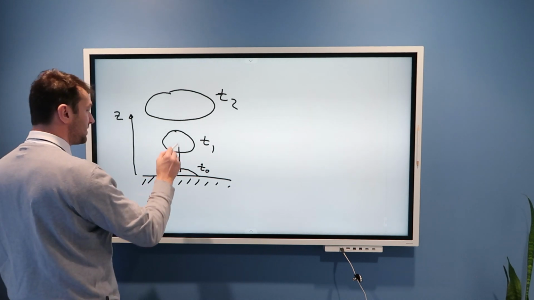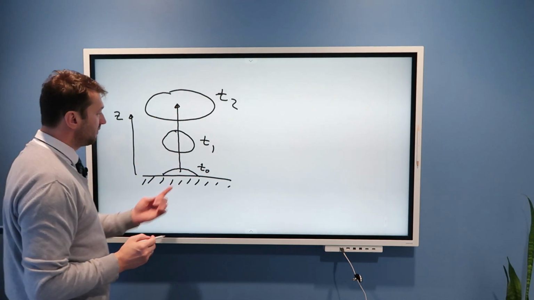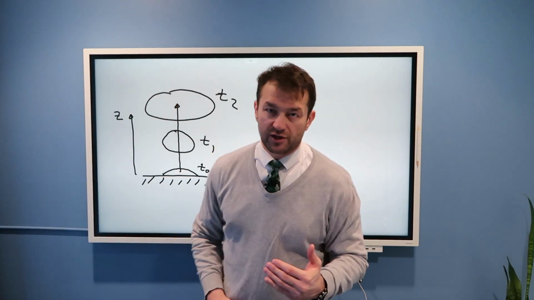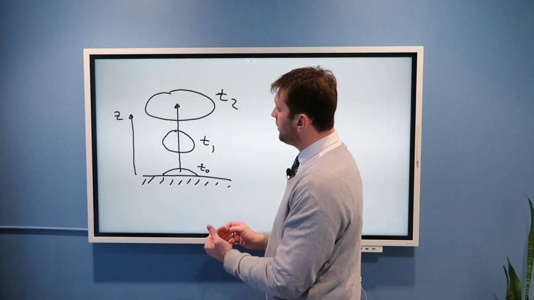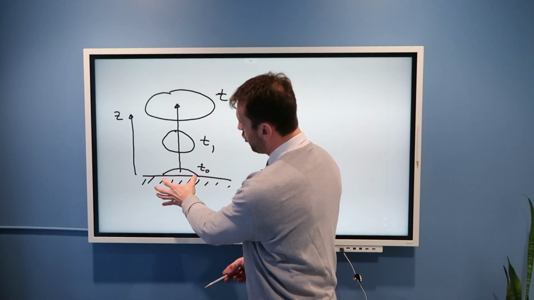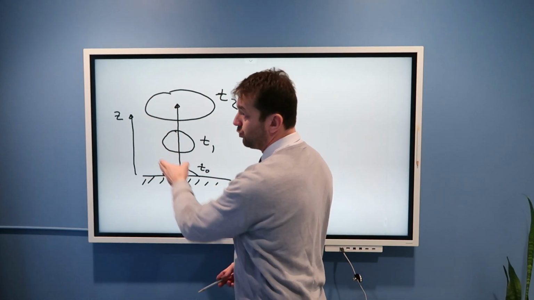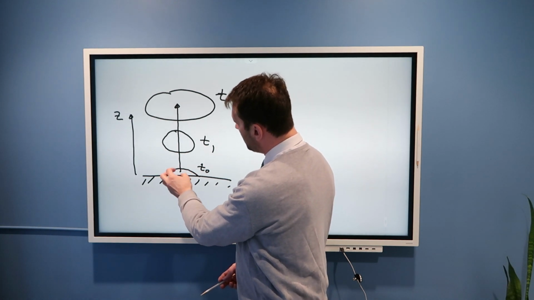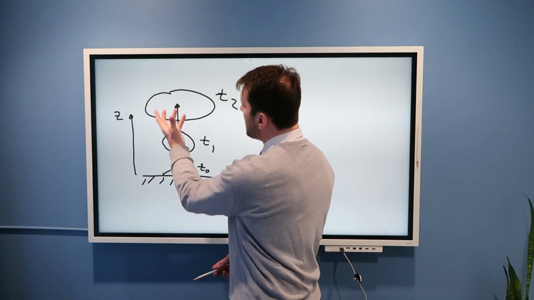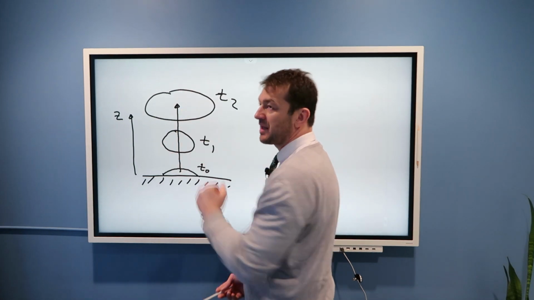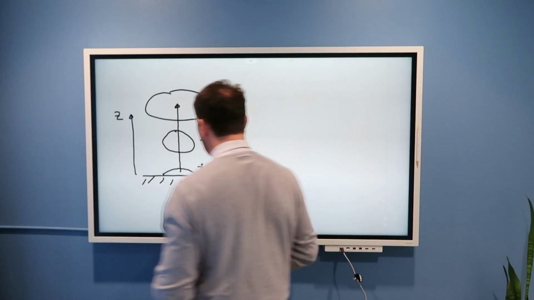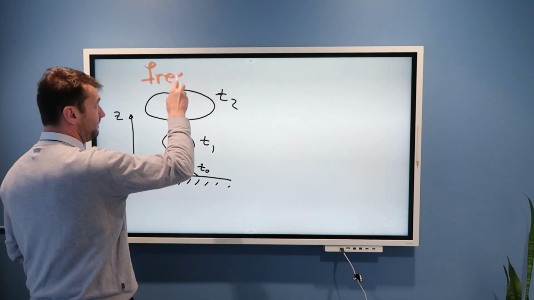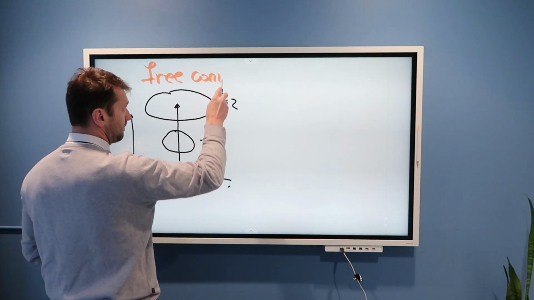So there was this convection in the vertical direction, and this is called free convection, because the only thing that initiated it is a hot surface, perhaps due to solar radiation heating it up, and then this bubble detached from the surface and started rising. That is called free convection.